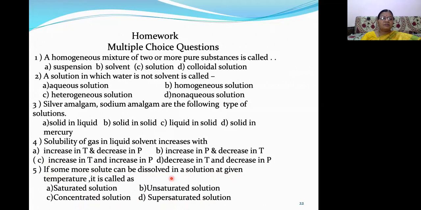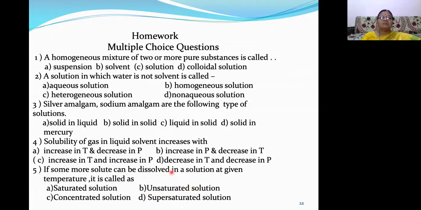The solution in which more solute can be dissolved is called an unsaturated solution. Once it becomes saturated, no more solute can be dissolved; that solution is the saturated solution. But here, as more solute can be dissolved, it should be an unsaturated solution.